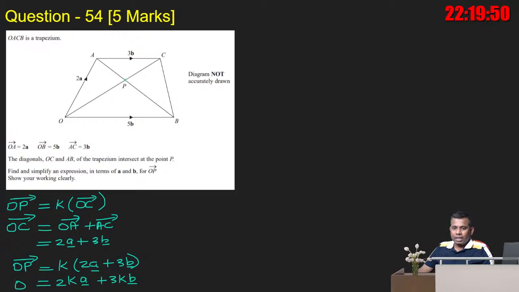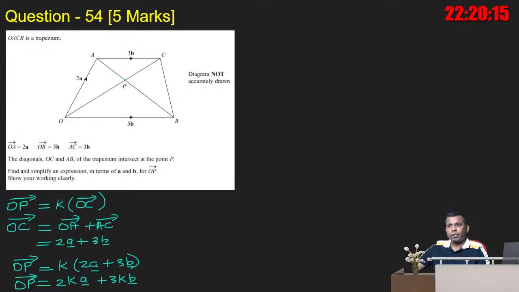That is the OP vector, but that is not nice because k is the one we introduced, so we don't know what k is. The examiner asks for OP in terms of a and b, not in k. We need to find out somehow what k is.